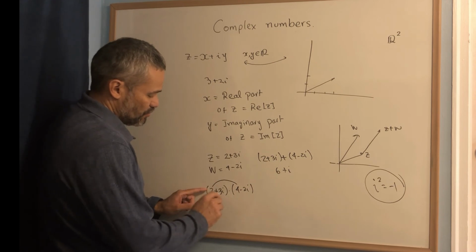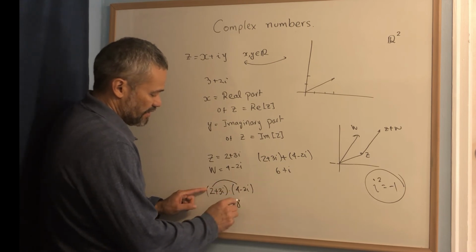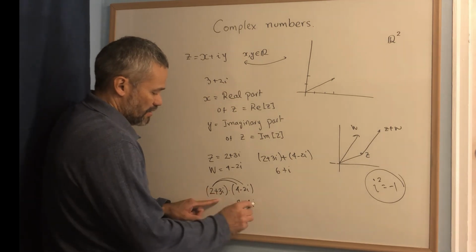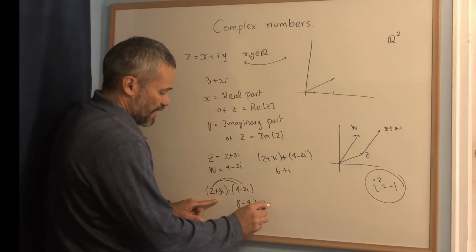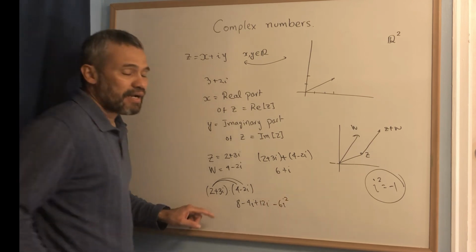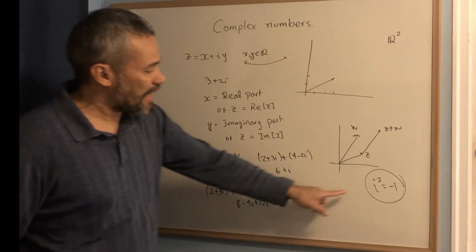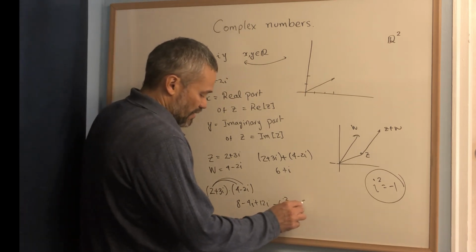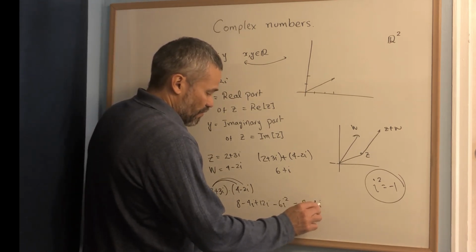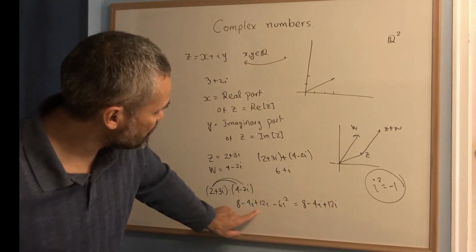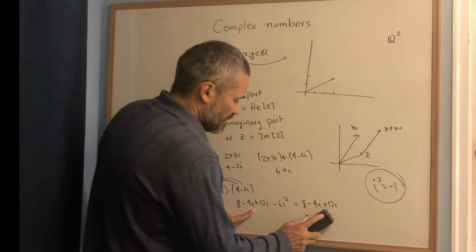And then when I do the product, I just pretend that this i is like an x or a variable. Then you do 2 times 4 is 8, minus 4i plus 12i minus 6i squared. And the rule is that anytime you see an i squared, you change it to -1. Then you have 8 minus 4i plus 12i, and I can combine these two because they are like terms.